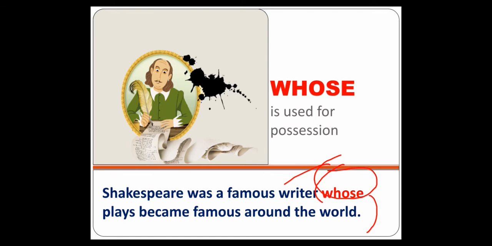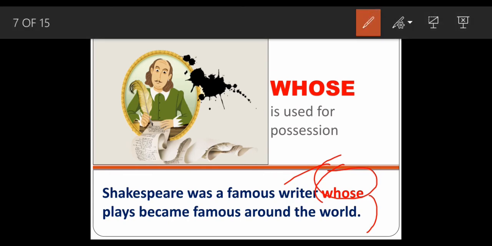Now the plays, so these plays belong to the writer. So this is a relationship of possession. A writer possesses the plays, or the plays belong to the writer. So when we want to express possession, we use whose.